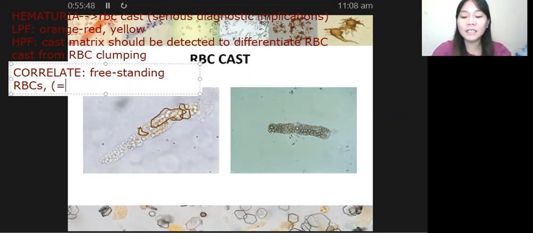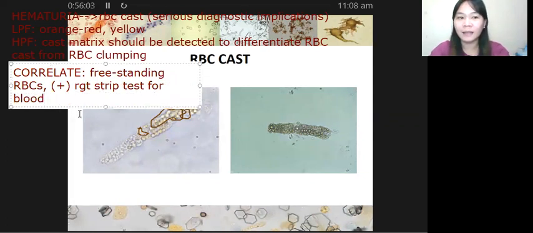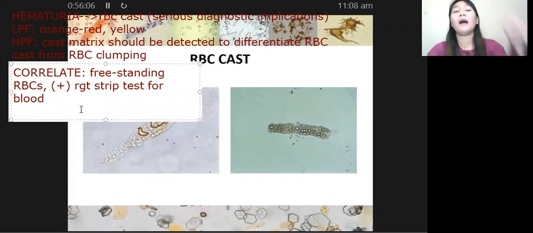And apart from that, okay? So it should have a positive result for the reagent strip. Okay? Reagent strip test for blood. Naku ha? Ayan. Okay? Naintindihan?